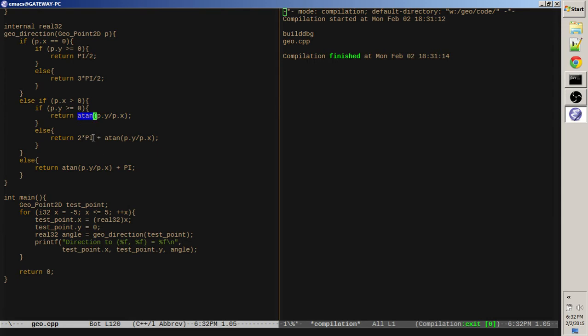Right, so it looks like basically, besides this, the basic cases are we want to add pi or 2 pi. And the deciders on this are positive and negative qualities of x and y. So negative x always adds a pi. Positive x, negative y always adds 2 pi. Yeah, it's hard to say.